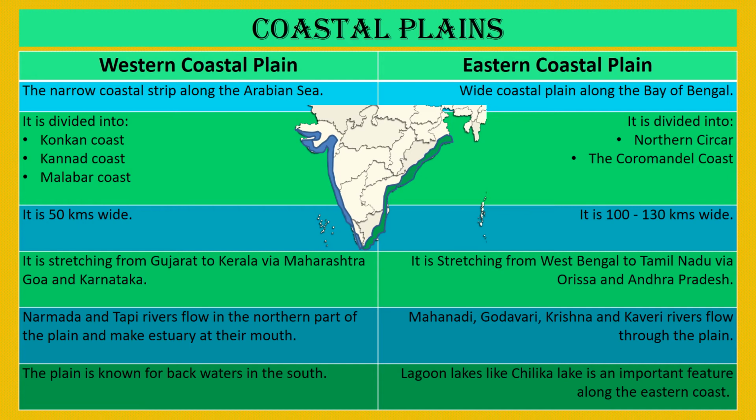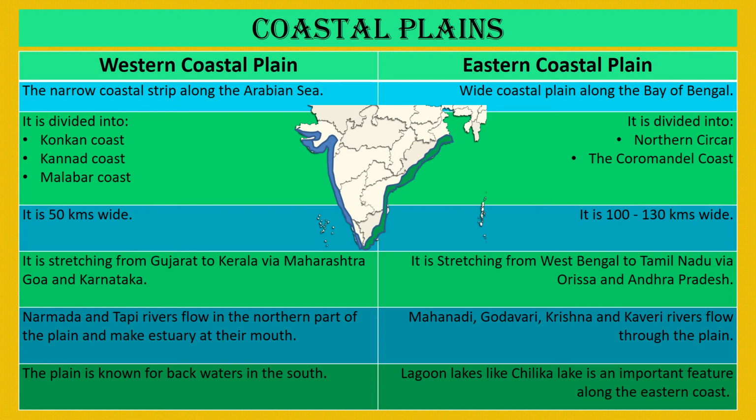Western coastal plain starts from Gujarat and it is found till Kerala. It passes through Maharashtra, Goa and Karnataka. Eastern coastal plain starts from West Bengal and it is found till Tamil Nadu. Orissa, Andhra Pradesh also have a part of eastern coastal plain.